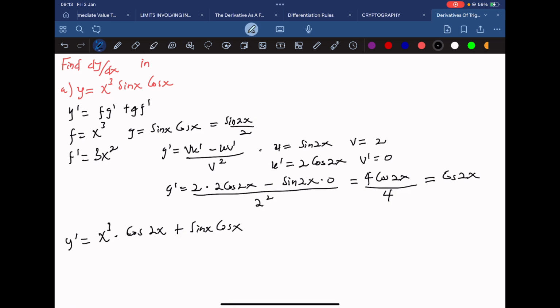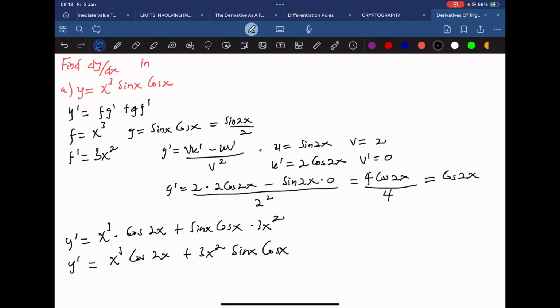Then our f prime is 3x squared. So we can rewrite this as x cubed cosine of 2x plus 3x squared sine x cos x. And this is our answer. I hope this is clear enough.